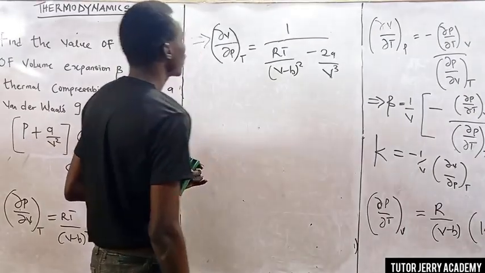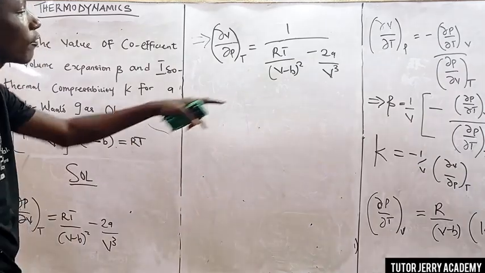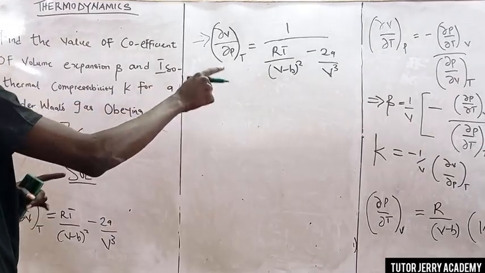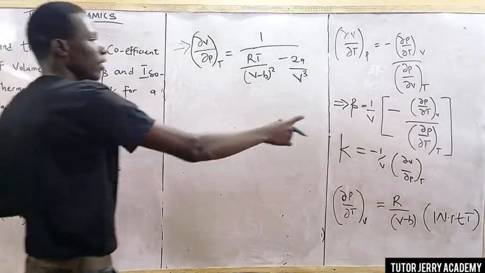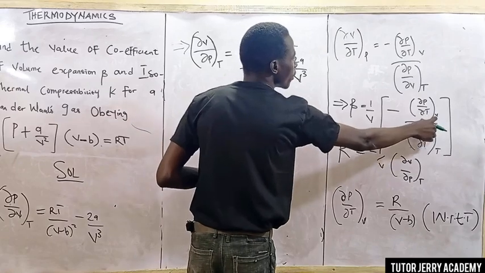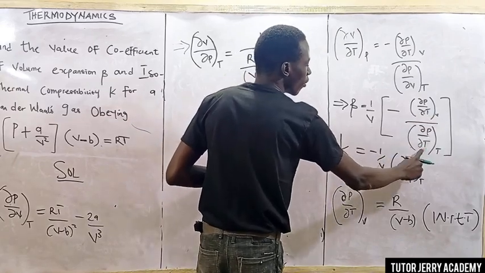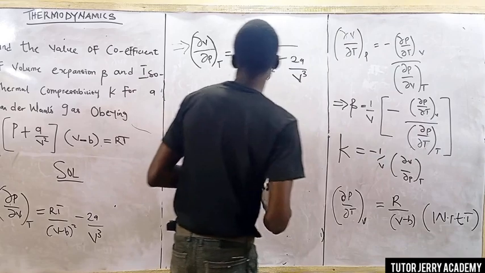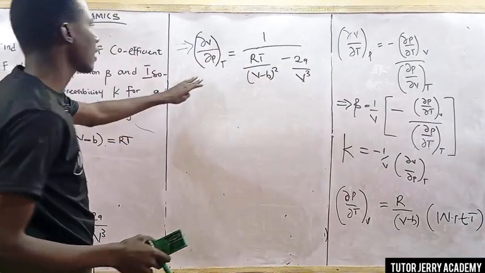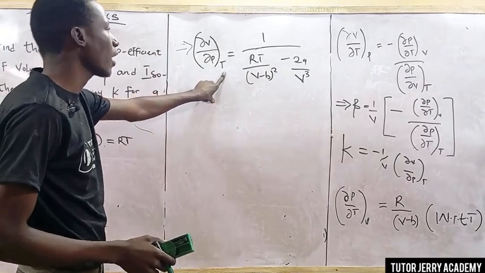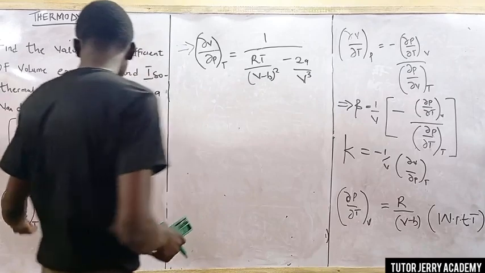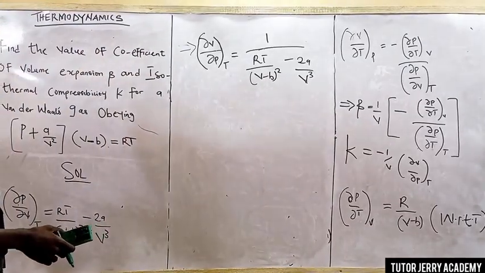So next, if you look at this relation, we have beta equal to 1 over V, times the partial of P over T keeping V constant, over the partial of P over V keeping T constant. And here you can see that we have V over P keeping T constant, and P over V keeping T constant.